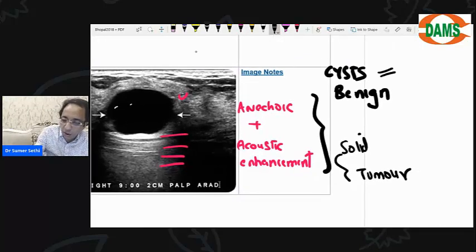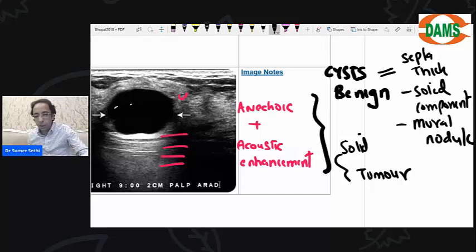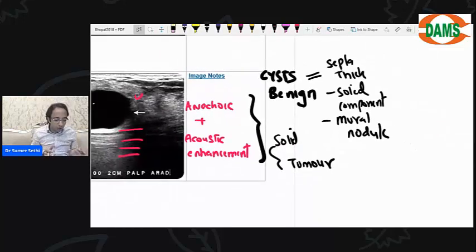Only reason we will think of malignancy in a cyst will be if you have thick septae, solid components, or a mural nodule like we saw in the brain in hemangioblastoma. Are you clear with these basic pathology principles or not? Solid lesions are usually tumors, cystic lesions are benign.